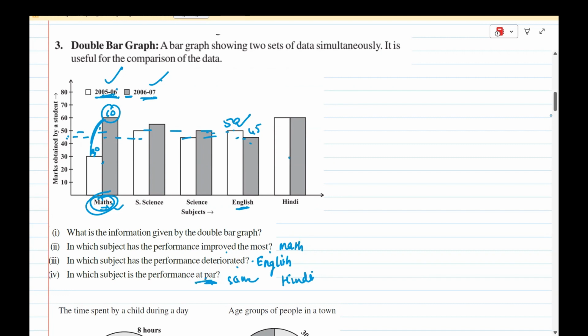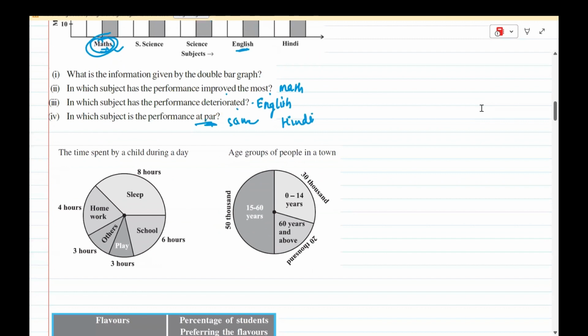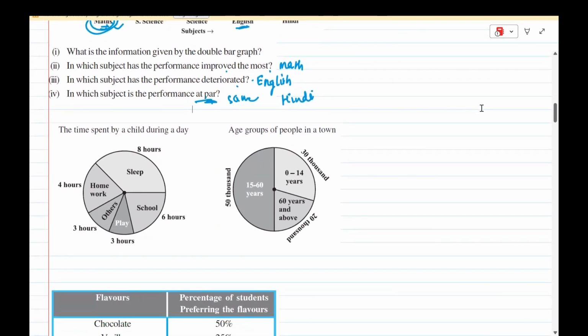That is at par. Let's move to the next type of graph, that is the circle or pie graph. It looks like a pie, a choco pie kind of thing. That is why we call it a pie chart or even a circle graph, because it represents a circle.